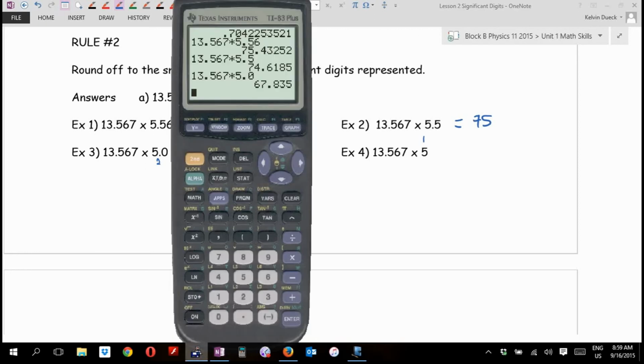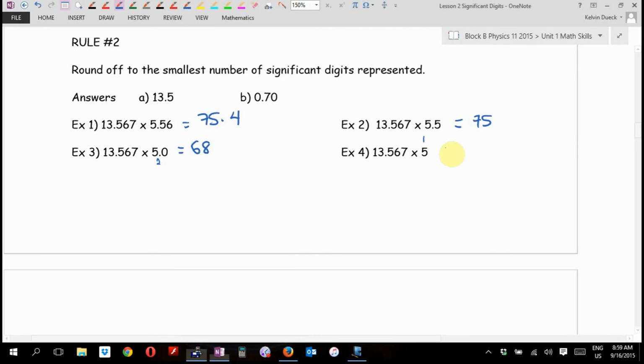So we can't express our number, Jaden, with any accuracy either if we were doing research. 13.567 times 5. 1 sig fig. Now that's 1 sig fig. That would be 2 sig figs, so now you definitely don't want to put a decimal there. As soon as you put the decimal there, you're saying I meant that 0 to be a significant figure, so I won't do that.